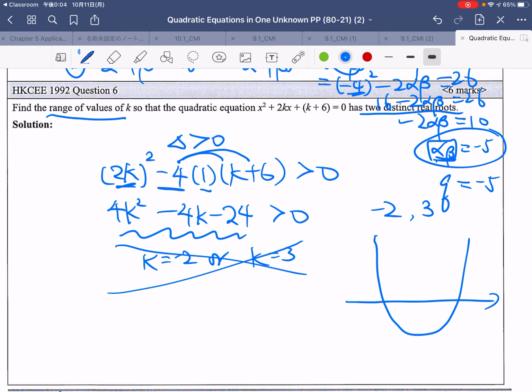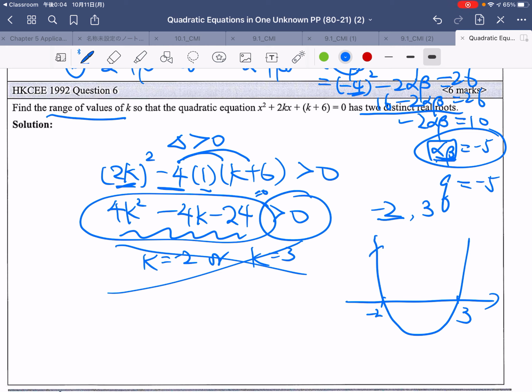For this one, you have a graph for 4k squared minus 4k minus 24. You just treat it as equal to 0. Just like a parabola, you know that this is open upwards, and the two roots are negative 2 and 3. Because we want delta greater than 0, we consider the graph on the top.